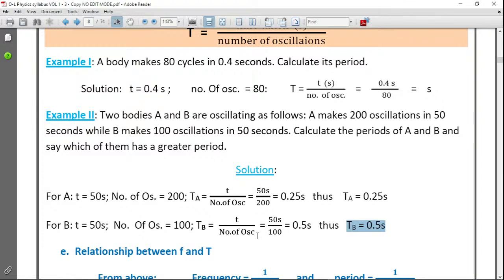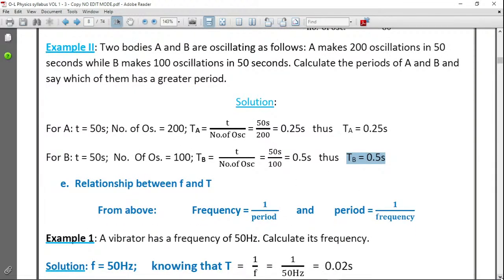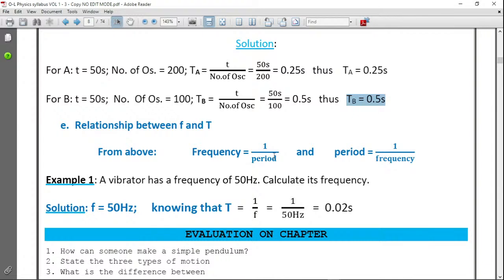Now we have the relationship between frequency and period. From above, frequency is equal to 1 over period, and period is 1 over frequency. For example, a vibrator has a frequency of 50 hertz.